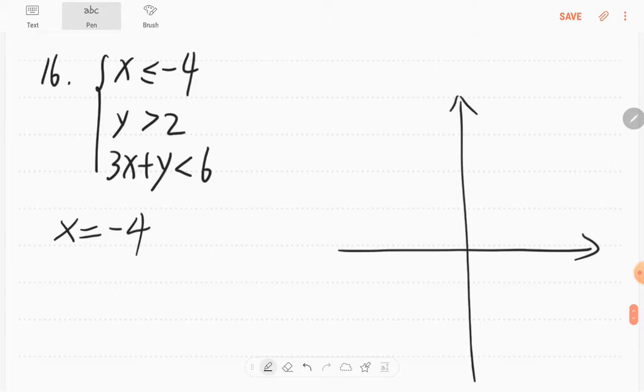For x equals -4, here is 5, so 4 is here, so this would be -4. Less than or equal to -4 should be this side, on the left side, right?